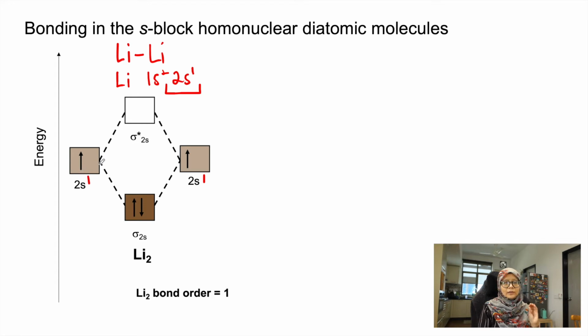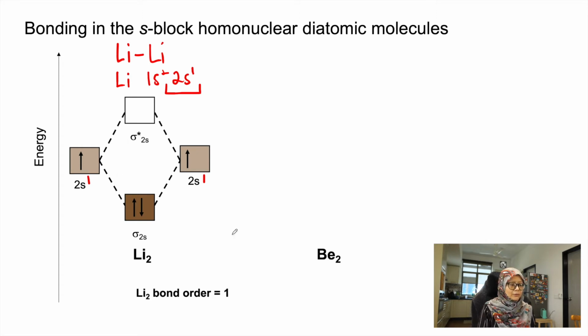So 1 plus 1, we add the electrons from the bottom to the top, giving 2 in the molecular orbital of Li2.